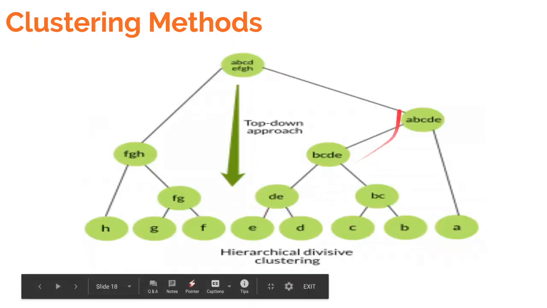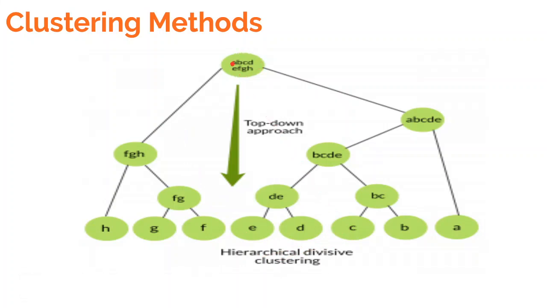So this is a pictorial representation of hierarchical divisive clustering. Here there is one cluster which holds all the data A, B, C, D, E, F, G, H. Since this follows top-down approach, that is divisive approach, this cluster is divided into two different clusters, FGH cluster and ABCDE cluster.